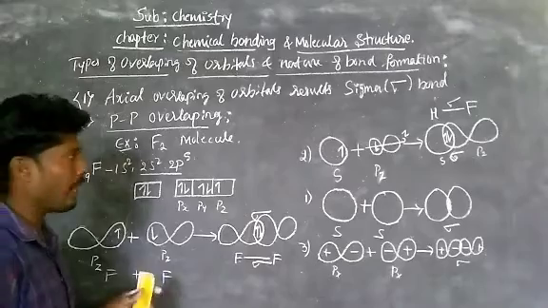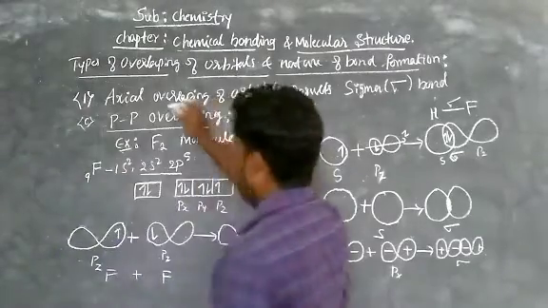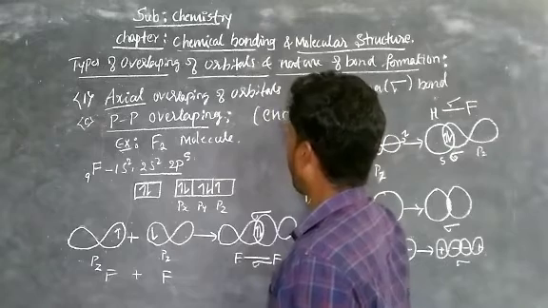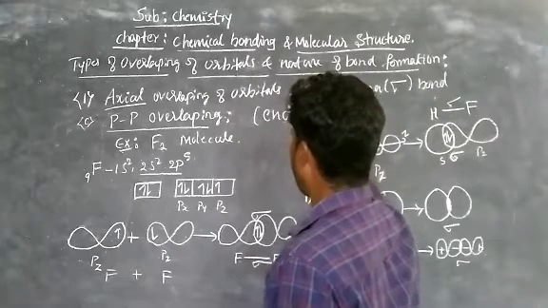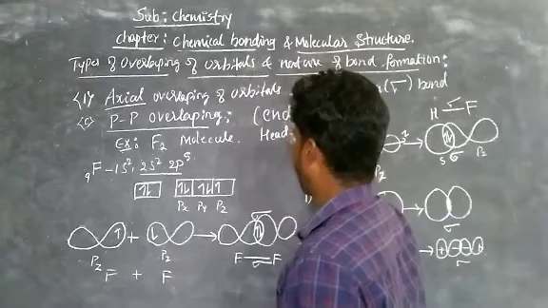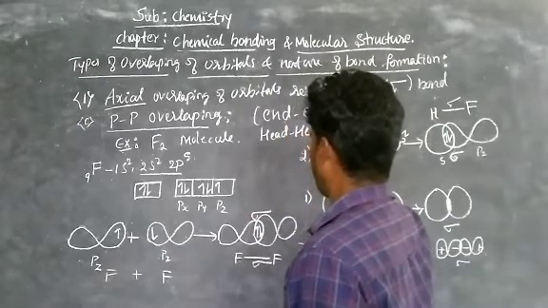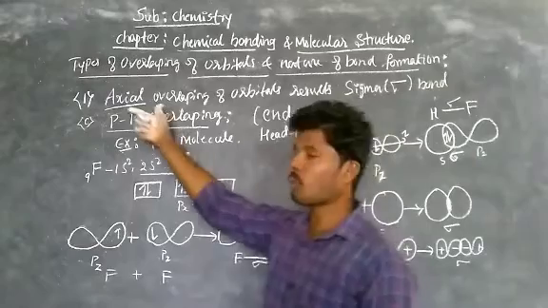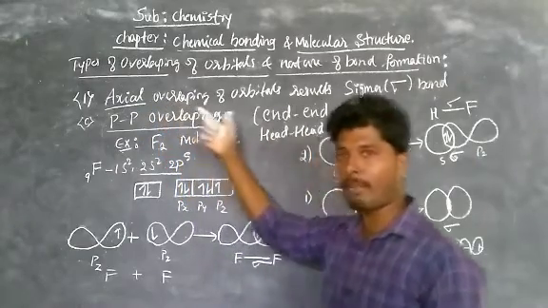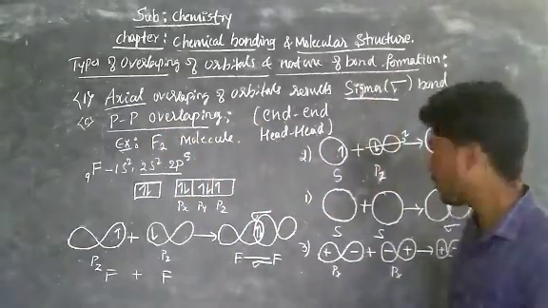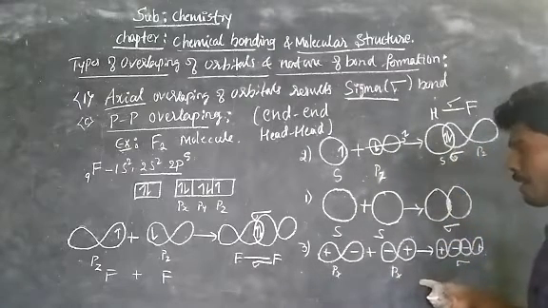This axial overlapping is also called end-to-end overlapping, or head-to-head overlapping. Axial overlapping of atomic orbitals results in the formation of what? Sigma bond.